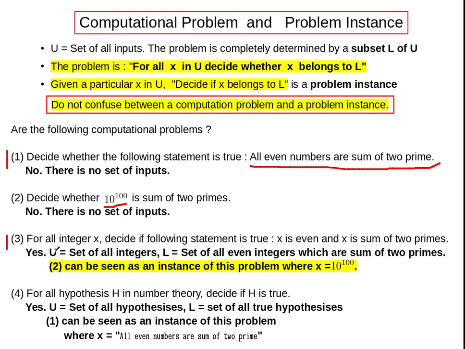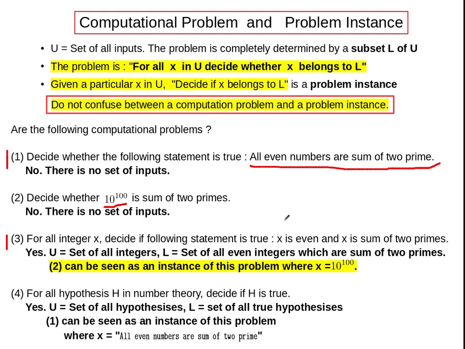Here the problem is: for all integer X, decide if the following statement is true, that X is even and X is sum of two primes. Obviously for all odd integers, this statement will be false, and for all even numbers, the statement will be either true or false. In fact, you may recognize this as Goldbach's conjecture.